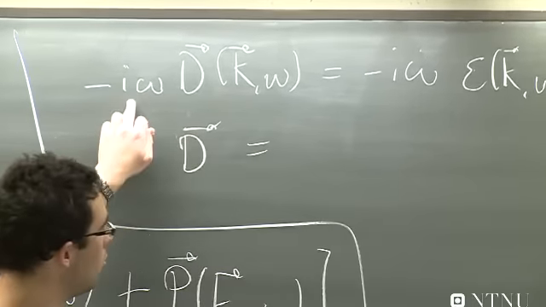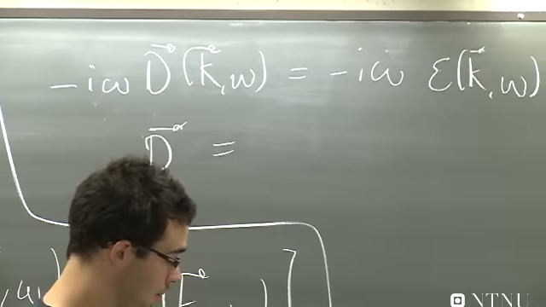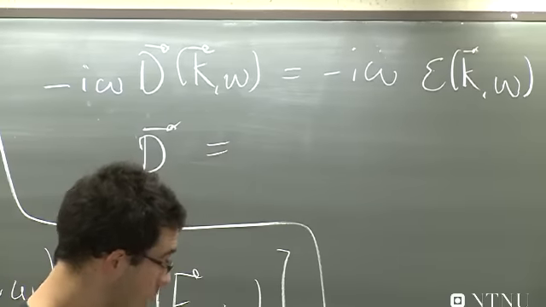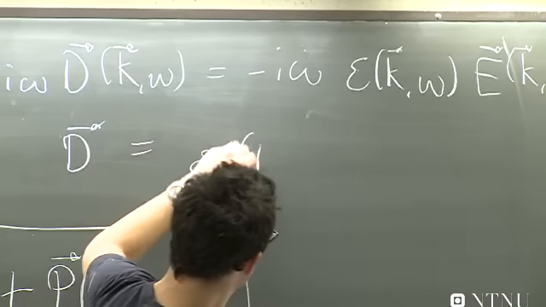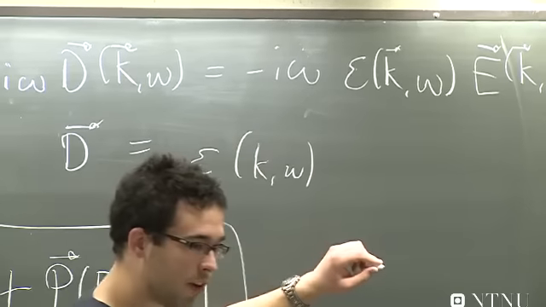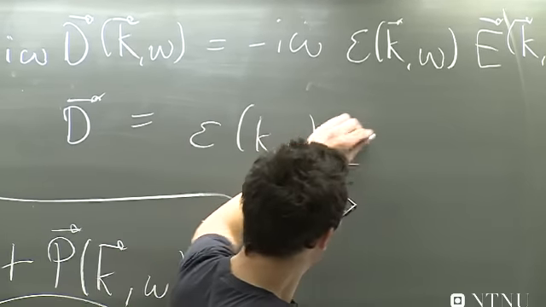That was long. Okay. Now I solve for D because I want to see what D is. I divide by i omega, and this term is the same. I drop the vector symbols if you don't mind.